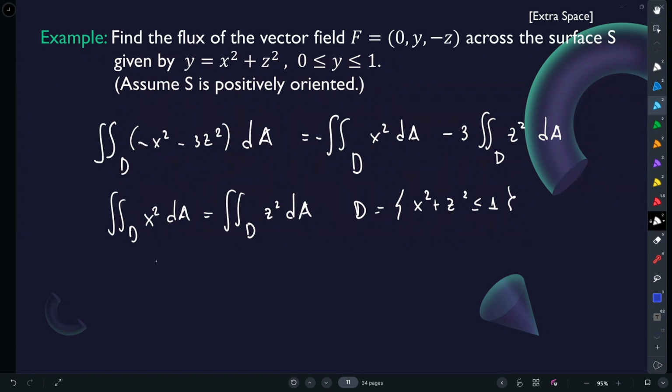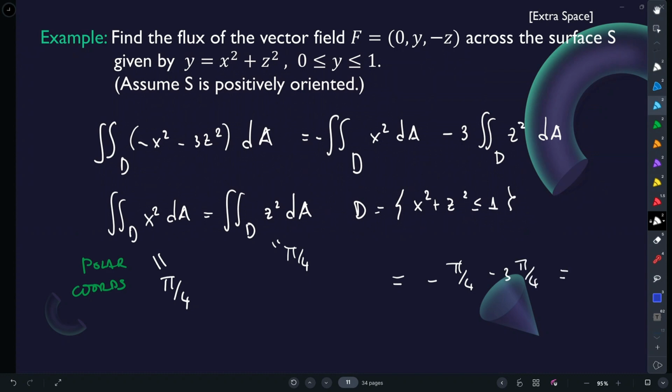And for that, I'm not going to do it here, but I would use polar coordinates to parameterize the circle and do that integral. And it turns out that this integral is just pi over 4. So this integral is also pi over 4. And then the answer will be minus pi over 4 minus 3 pi over 4.